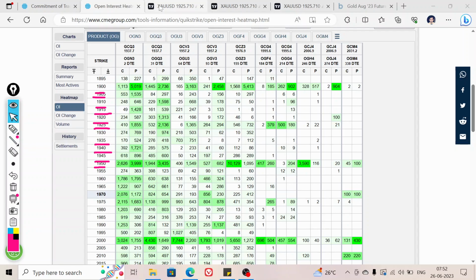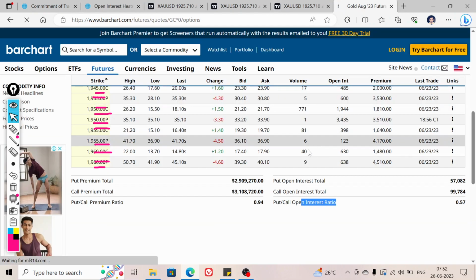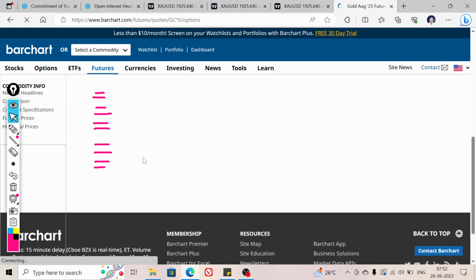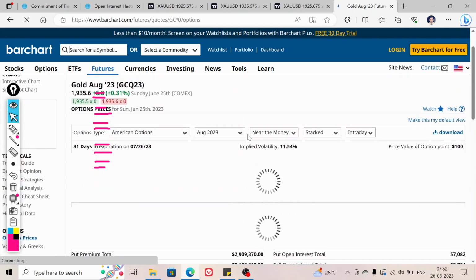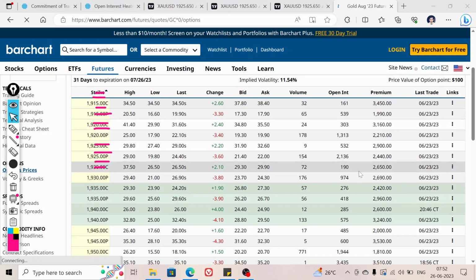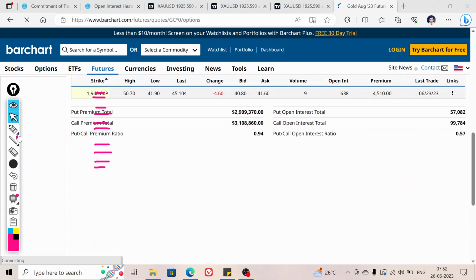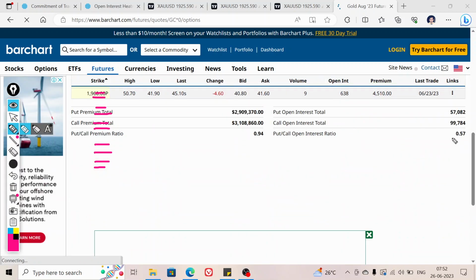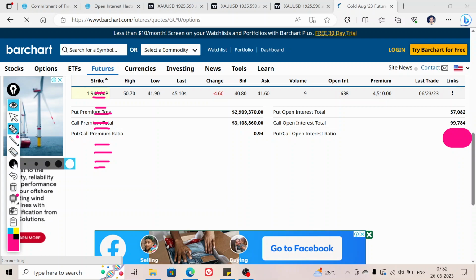And if we look at the current PCR ratio on the gold futures chart, in the near money this one right here is 0.57, which is not favorable for bears in the current price condition, because it is on the lower side.